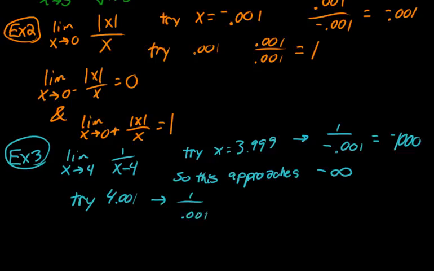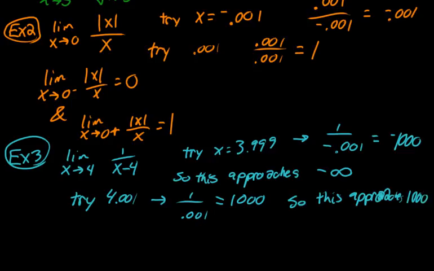And plugging that in my calculator, I get 1,000. And if I tried a number between 4 and 4.001, just a little bit smaller than this, I would get an even bigger number here because I'd be dividing by an even smaller number on the bottom. So this approaches 1,000.